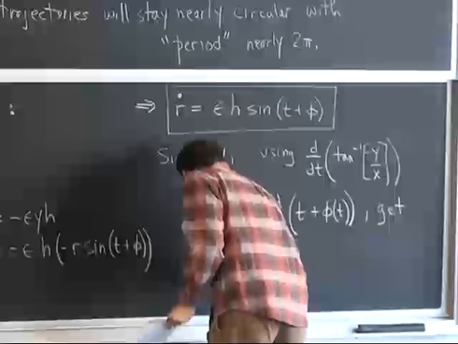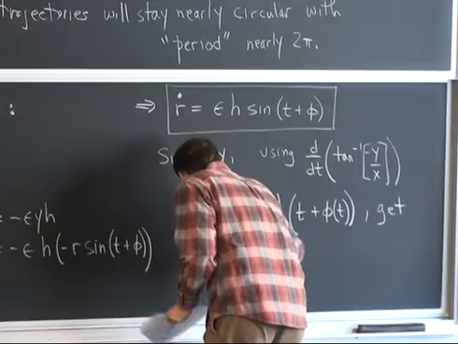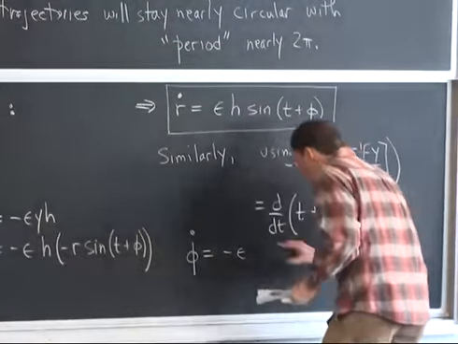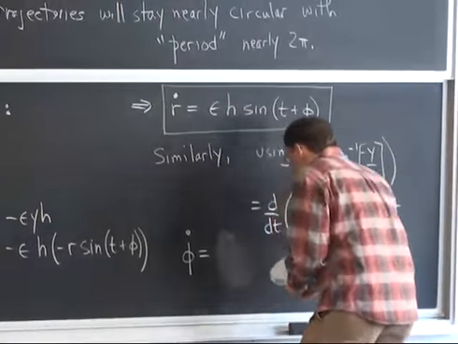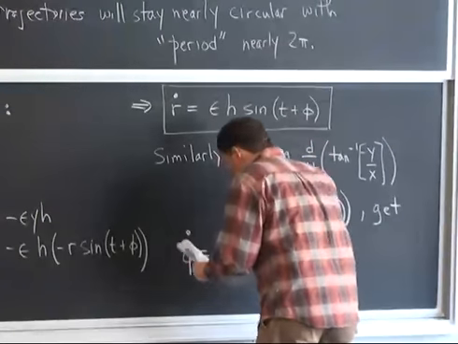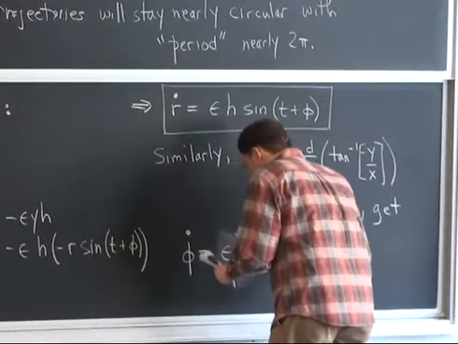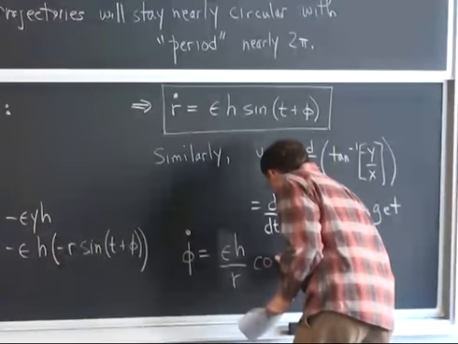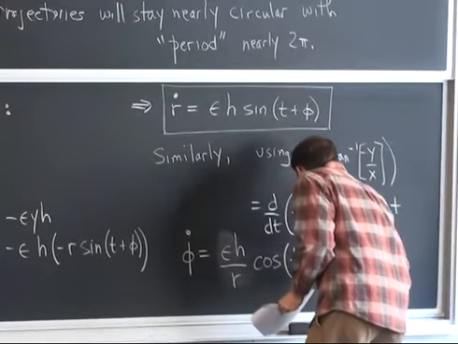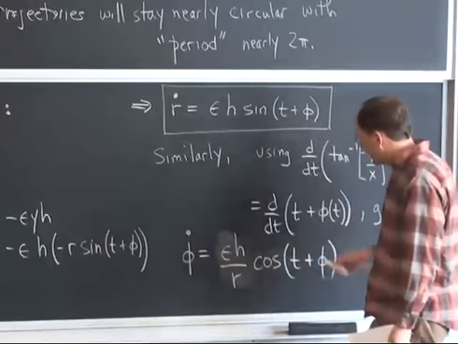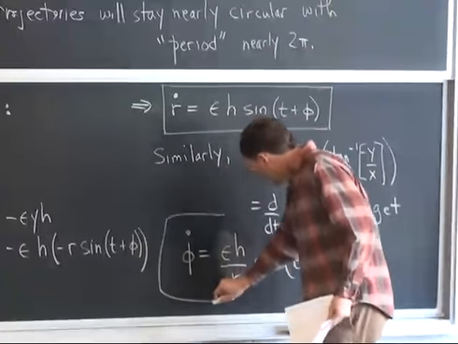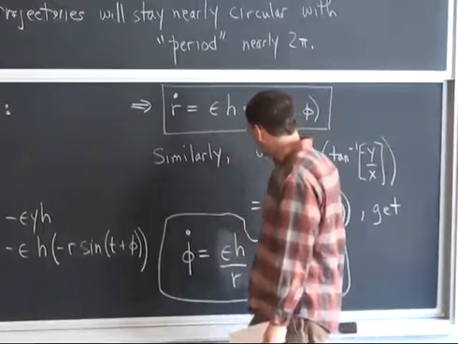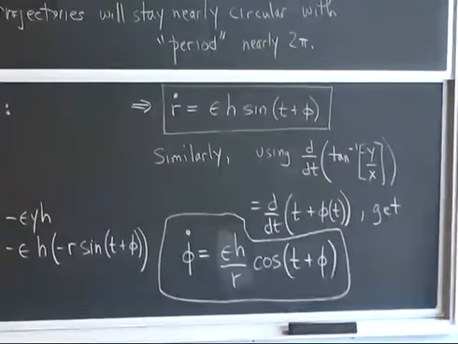You'll get phi dot is minus epsilon h, sorry, no minus, just epsilon h over r cosine of t plus phi, and then that gets its own box. Okay, so check the algebra on that.